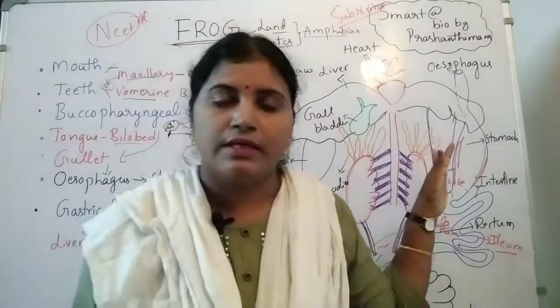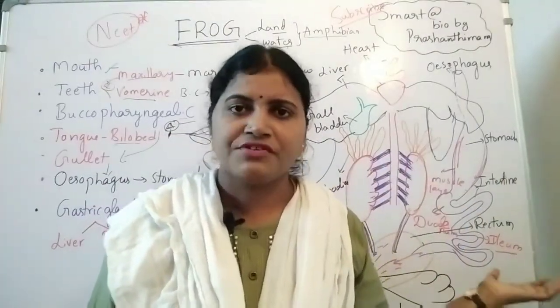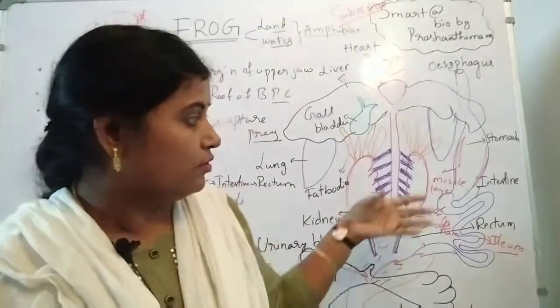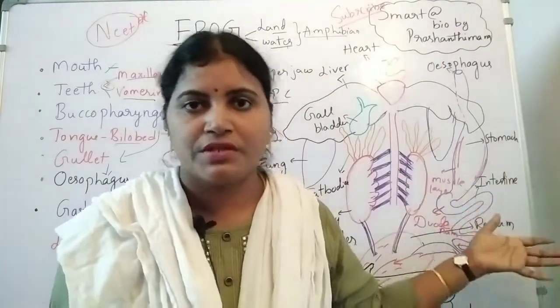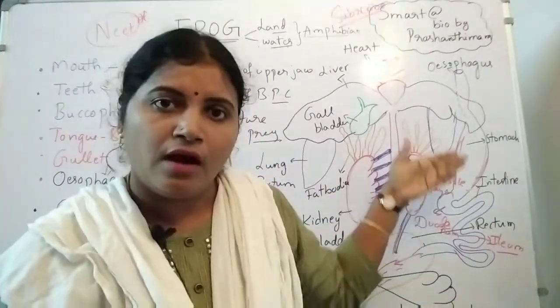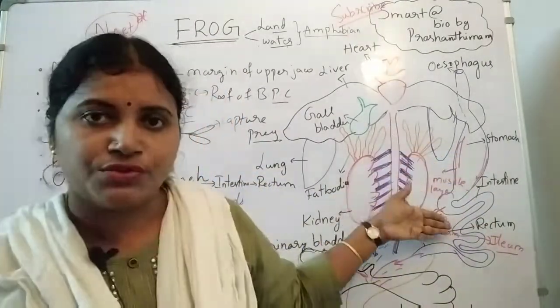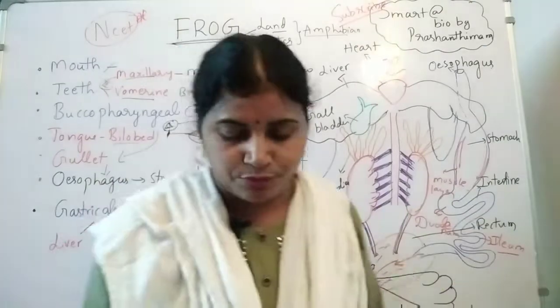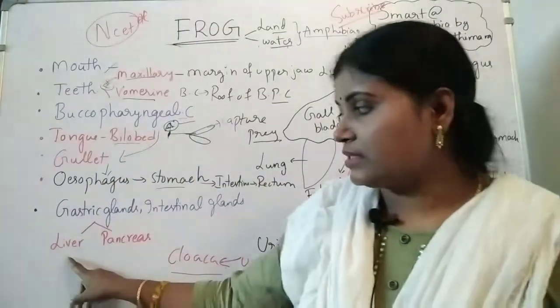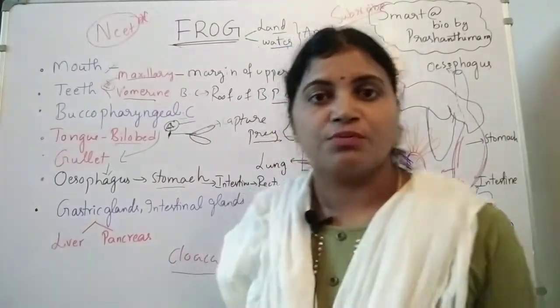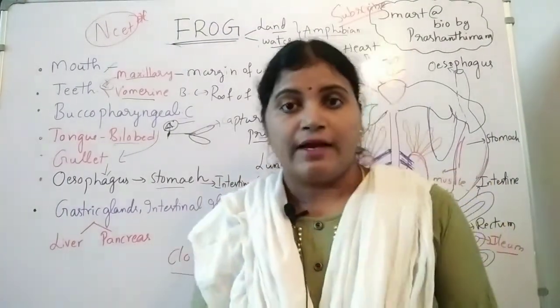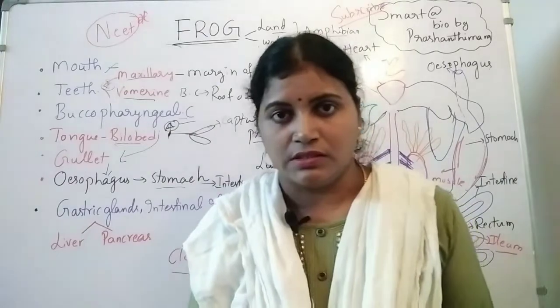The stomach contains the gastric juices, and partial digestion takes place there, digestion of the proteins. After that it enters into the intestine. In the intestine, it receives the secretions of the liver and pancreas. Bile juice is responsible for breakdown of the fat molecules, that's emulsification, right?